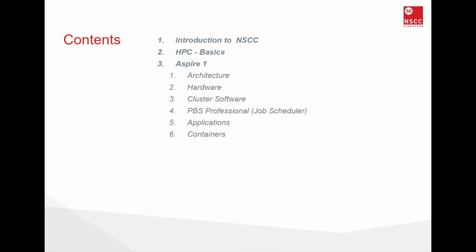We would then discuss Aspire 1, the high performance computing cluster, which consists of the brief architecture, hardware, the software, most importantly, the scheduler, followed by the user applications. Finally, we would like to give a brief on the containers that are supported in Aspire 1.